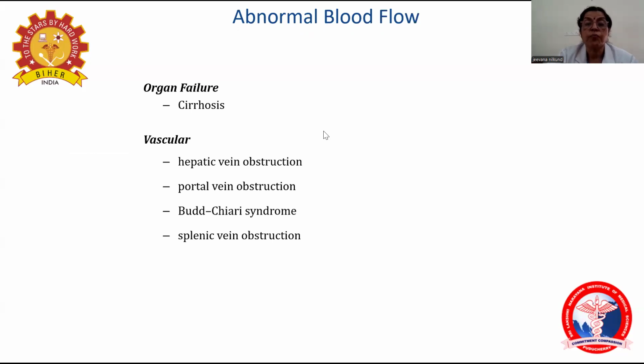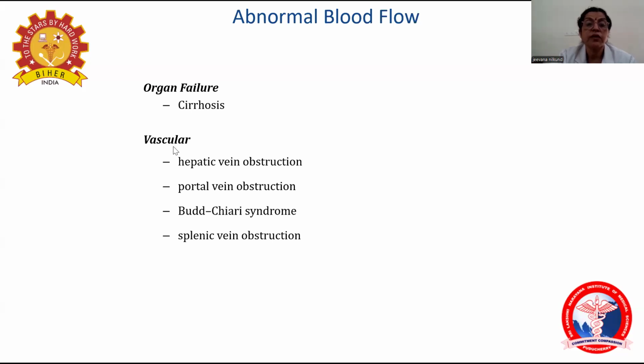Increase in the blood flow. Whenever there is organ failure like cirrhosis, liver failure leads on to portal hypertension and obstruction of the splenic vein, and this leads on to increased blood flow.